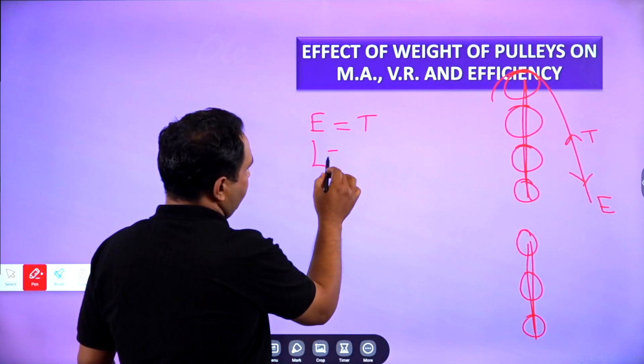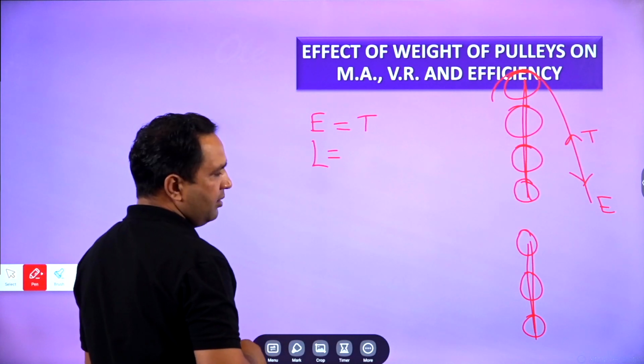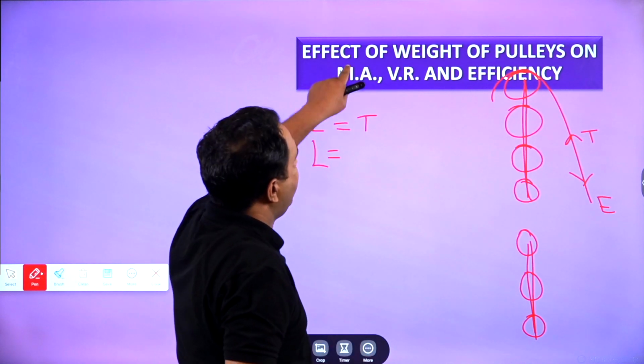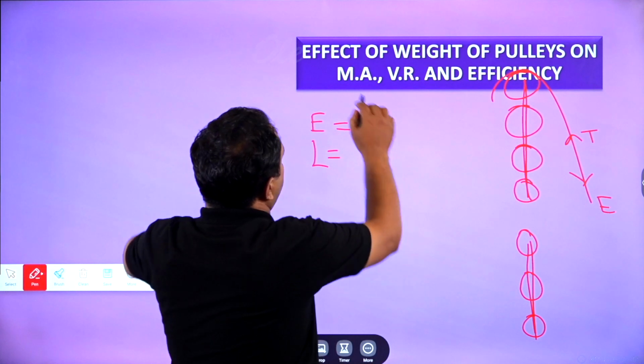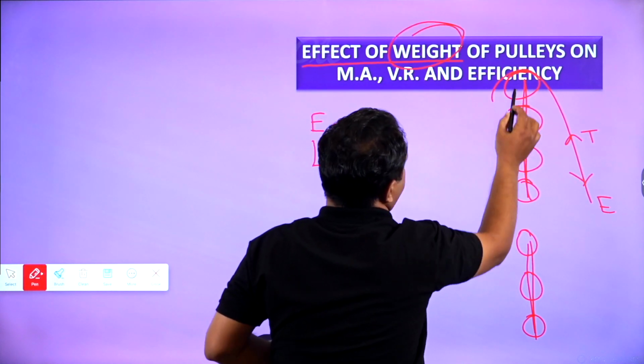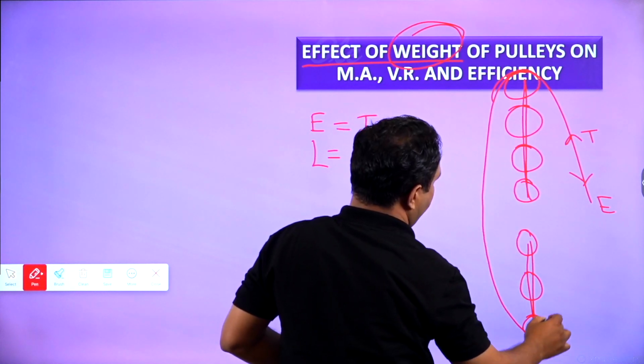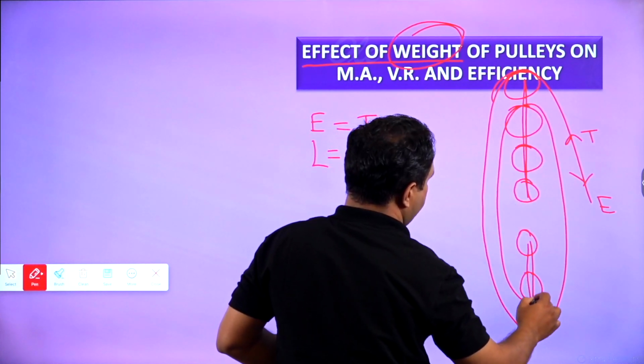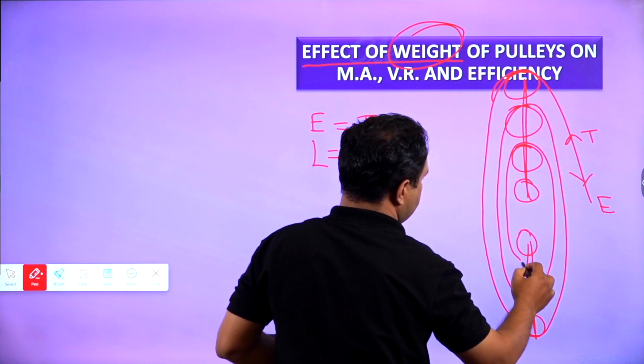And what will be the value of load? Now we are adding the effect of weight, means we are adding weight of these ropes as well as these pulleys on this.